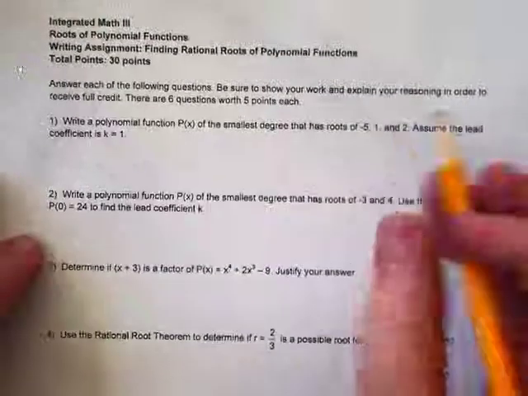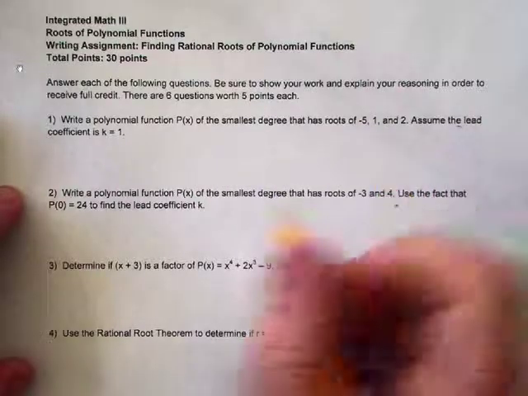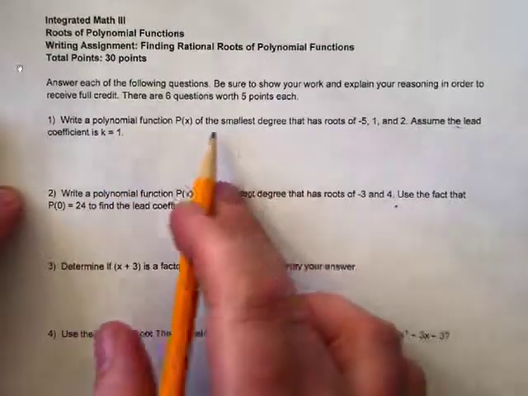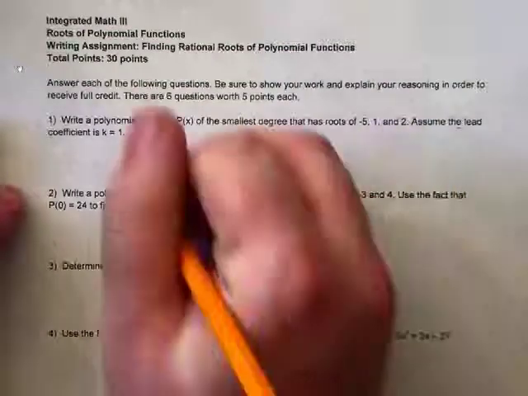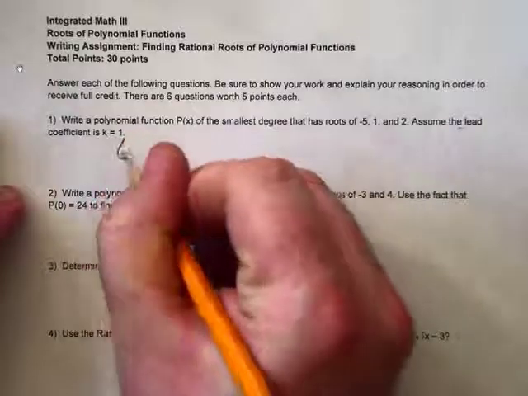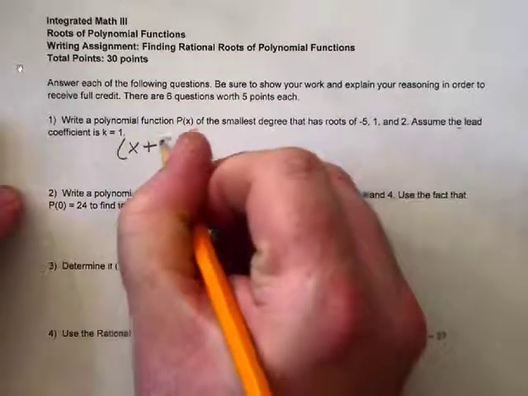So if we look at number 1 on roots of polynomial functions, we say, okay, write the polynomial function of the smallest degree that has roots of negative 5, 1, and 2. So we know it has to have negative 5, so that would be plus 5.